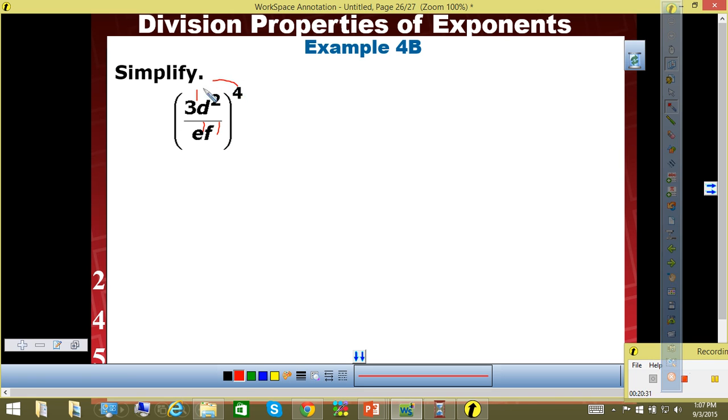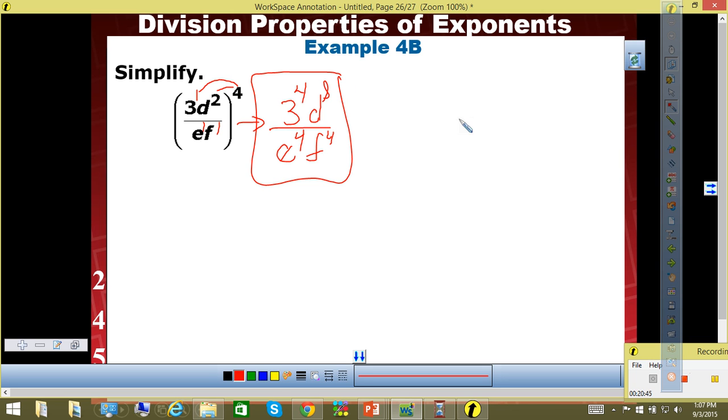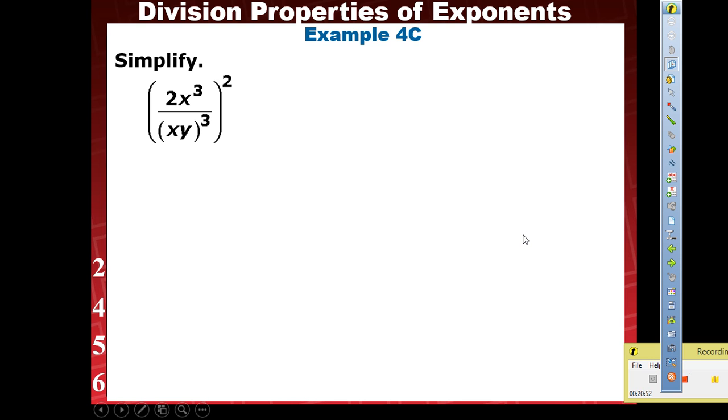So therefore, that becomes 3 to the 4th, d to the 8 over e to the 4th and f to the 4th. So far so good? Yes. Good.